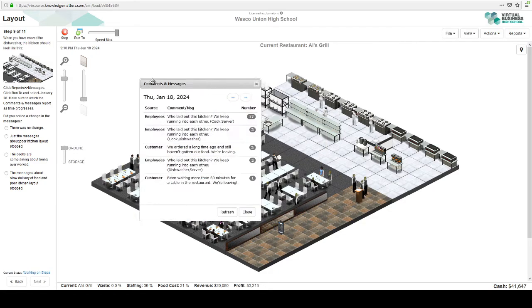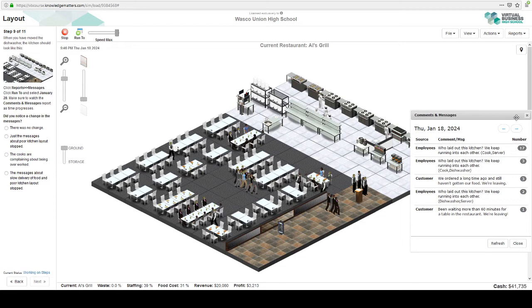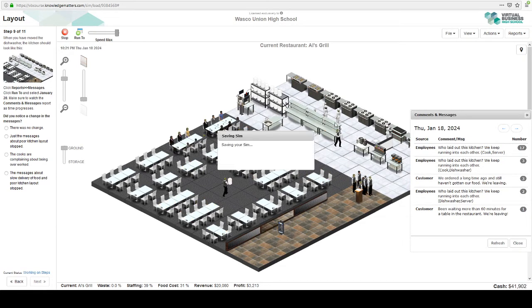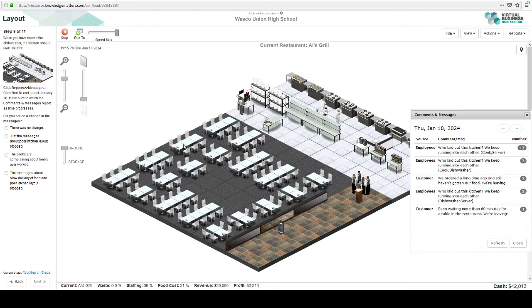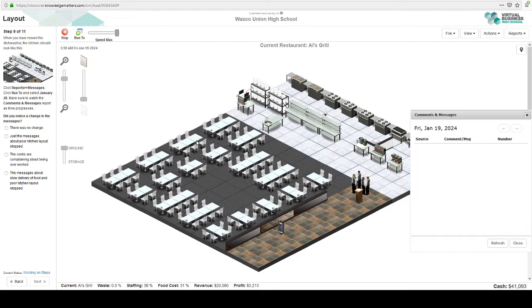Even without looking at the comments, we can look here and see the kitchen is running more smoothly. Do you see people running into each other? Not really. Do you see customers leaving because they're upset? No, they appear to be eating and dining and enjoying themselves. So look here, Friday has no comments.